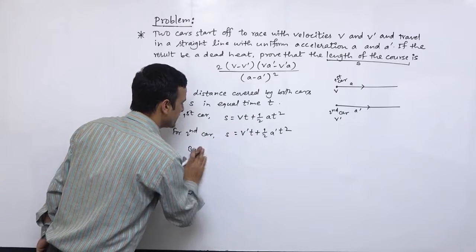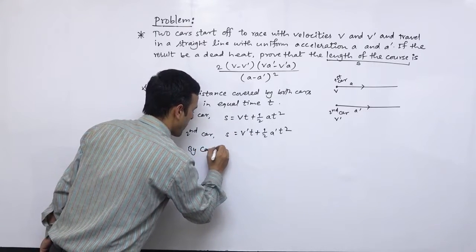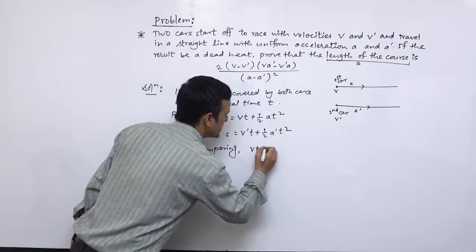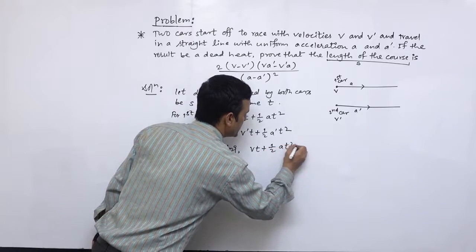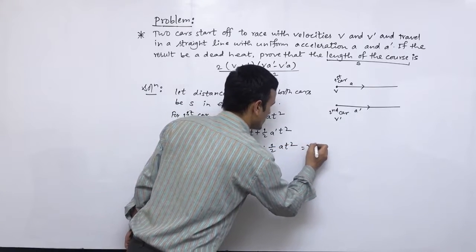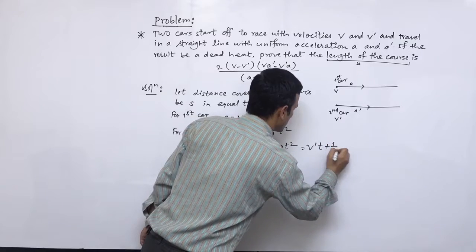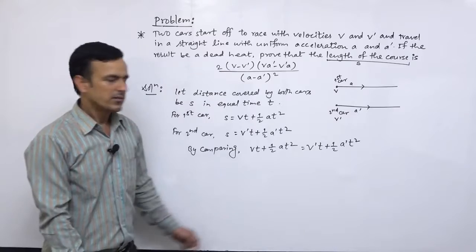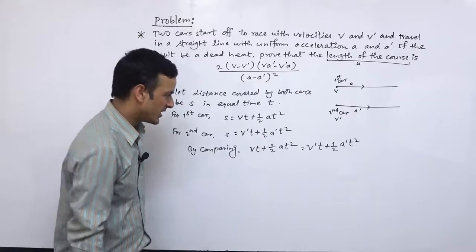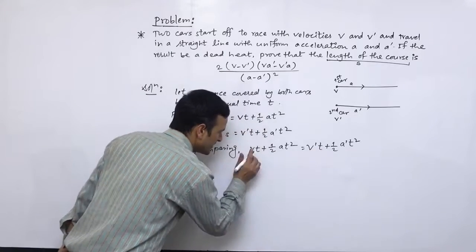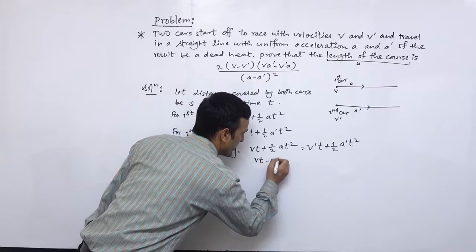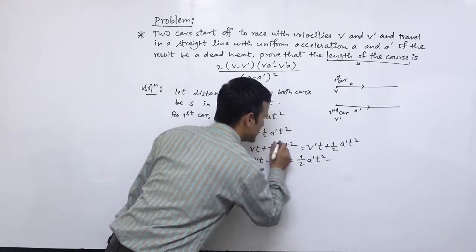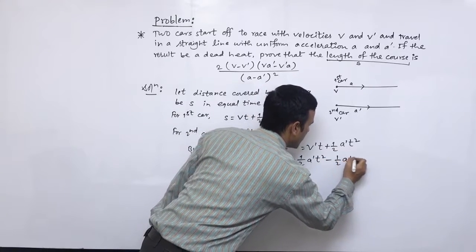So by equating or comparing, we get vt plus 1 by 2 at square is equal to v dash t plus 1 by 2 a dash t square. Now v dash t and vt combine together, and 1 upon 2 a dash t square minus 1 upon 2 a t square.